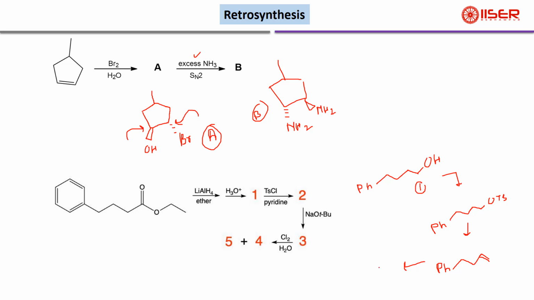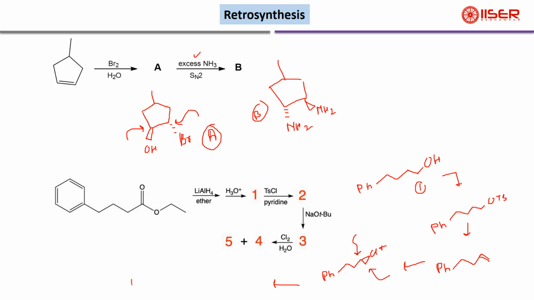Now, if you add chlorine, chlorination followed by hydrolysis, there will be formation of a chloronium ion. And as they have already mentioned, there will be two products. That means in one OH will attack at this place, in another OH will attack at this place.